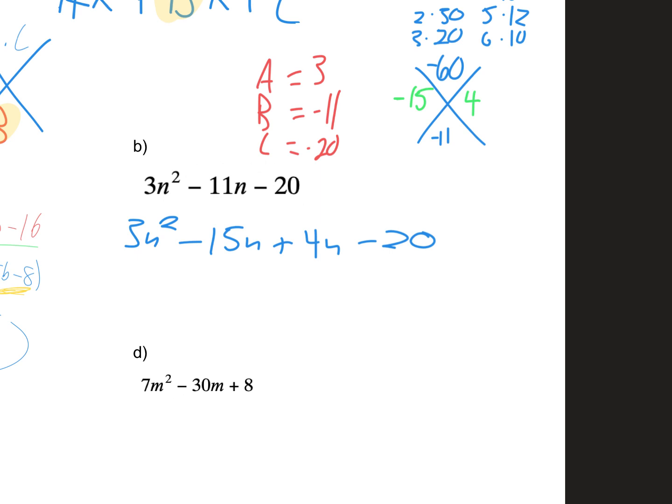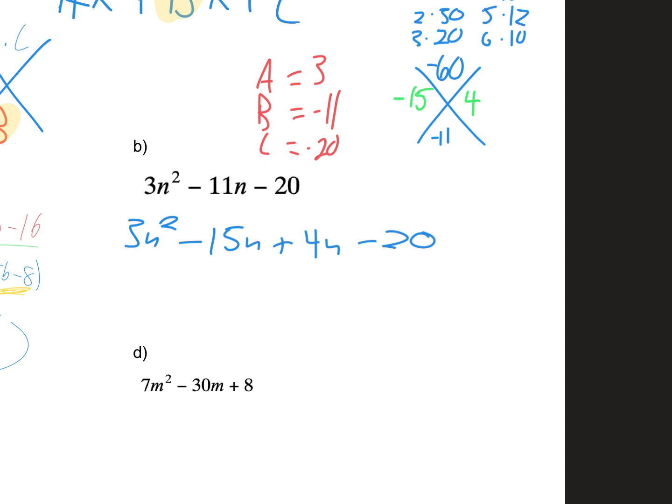And we know that it equals this because we've already added negative 15 and 4 to get negative 11. So replacing negative 11n with negative 15n plus 4n is the same thing, but we're making it possible to use grouping. So with that, let's go ahead and group these.